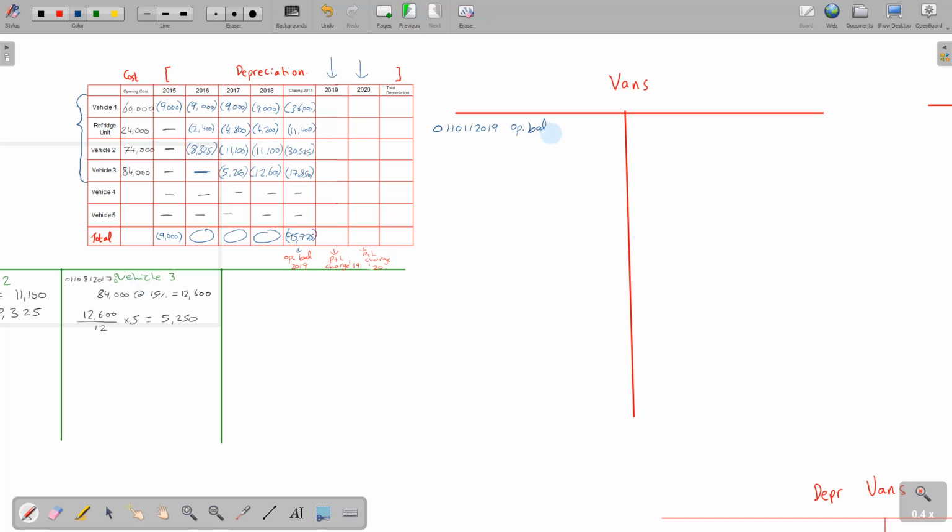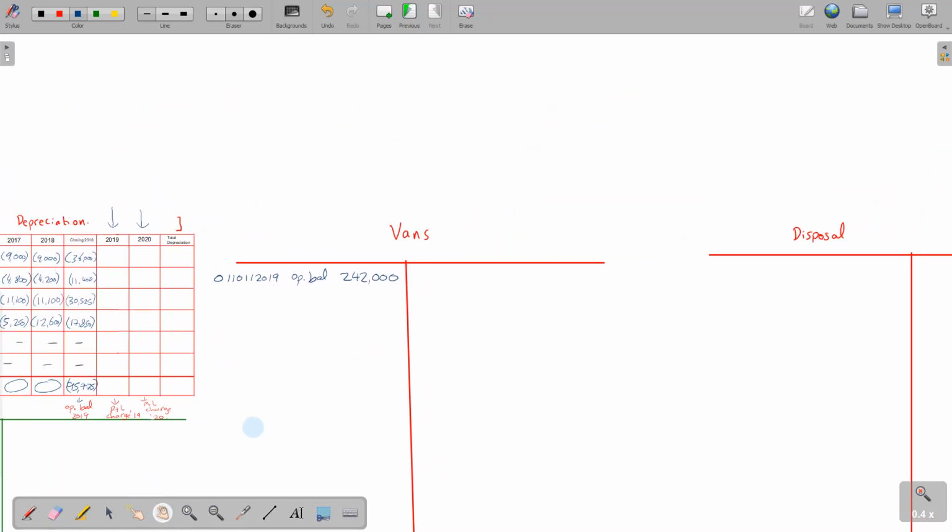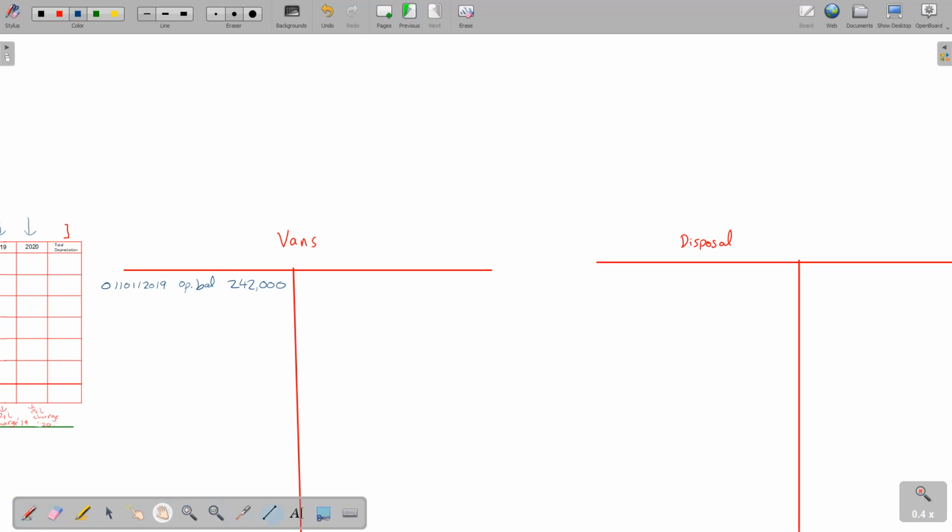So we have 242,000. Now, if you don't know exactly why it's a debit entry, we'll just use our URL.